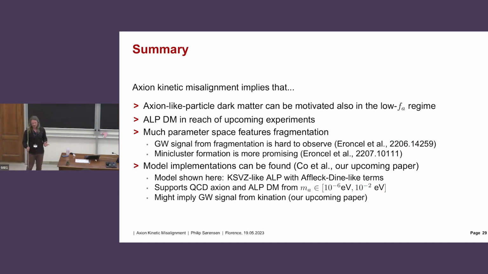The gravitational wave signal, which we calculated, is too weak to observe, but there may be more luck searching for parametric lensing from mini clusters. And you can make model implementations, and we mapped out consistently how this can be done with this KSVZ-like, DFSZ-like setup.